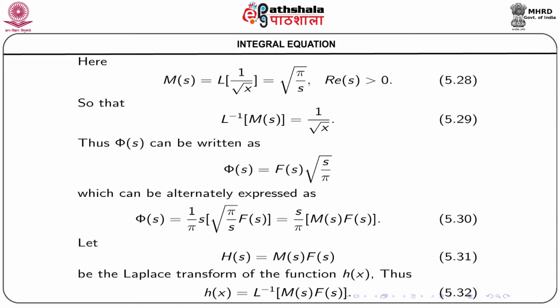We call this function capital M s into capital F s as capital H s, and we assume that capital H s is the Laplace transform of certain function small h x, so that small h x can be obtained as Laplace inverse of capital H s, that is Laplace inverse of capital M s into capital F s.